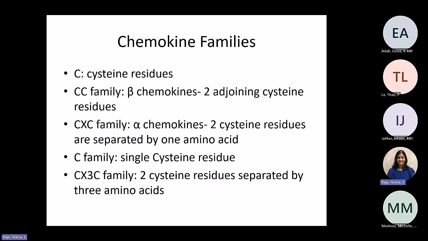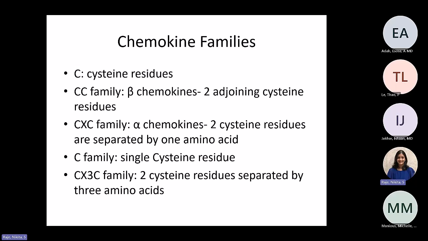So chemokines have various families. They are divided into various families based on the number of cysteine residues in them, as well as the structure of where the cysteine residues are located. So a family with CC means that there are two cysteine residues that are next to each other. These are called beta chemokines, whereas in the CXC family, X stands for any other amino acid.